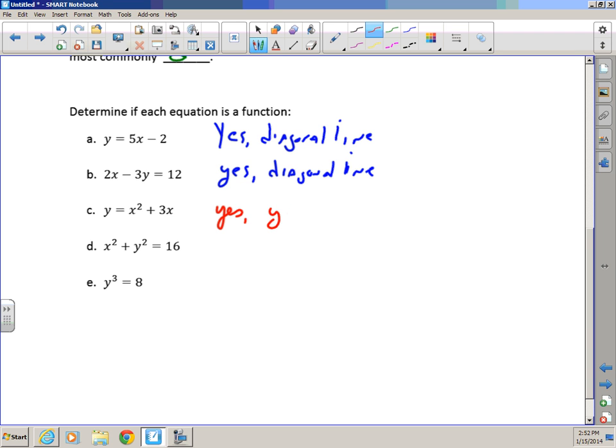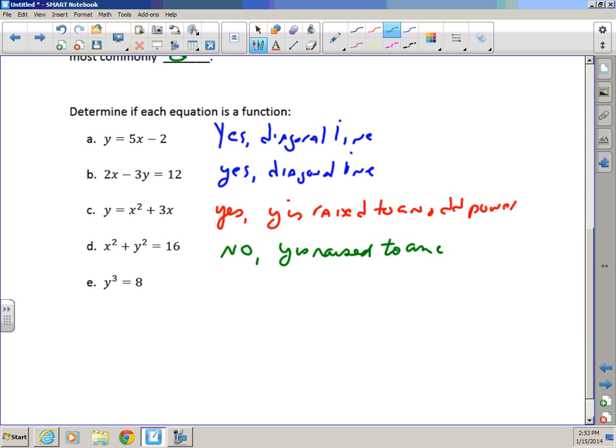The y is raised to an odd power. What's the odd power? 1. No, y is raised to an even power. And then lastly, yes, y is raised to an odd power.